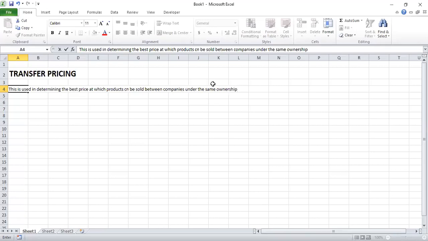Right. So companies, let me not say companies per se. In this module we normally talk about divisions, but practically they can even be companies. They can be run as separate companies under the same ownership. So what is the best price that company A can sell their product to company B?